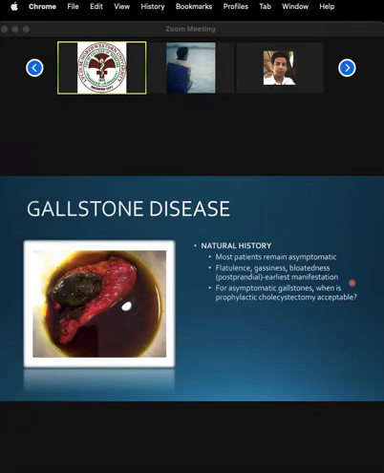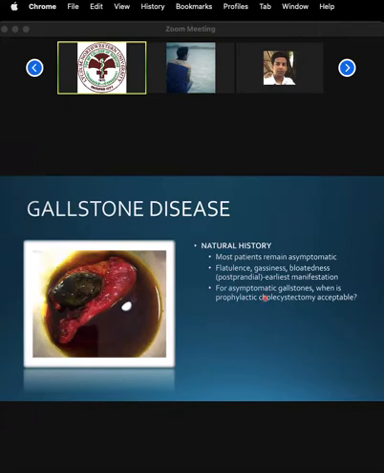So 3% of symptomatic individuals eventually develop biliary colic or pain per year, and 3 to 5% of symptomatic patients eventually develop complicated gallstones. So the question is, for asymptomatic gallstones, when is prophylactic cholecystectomy acceptable?